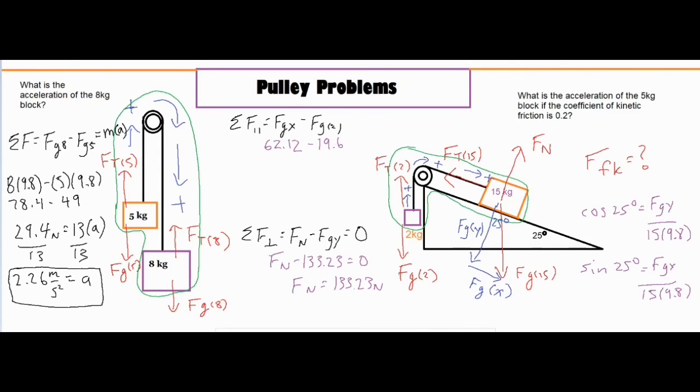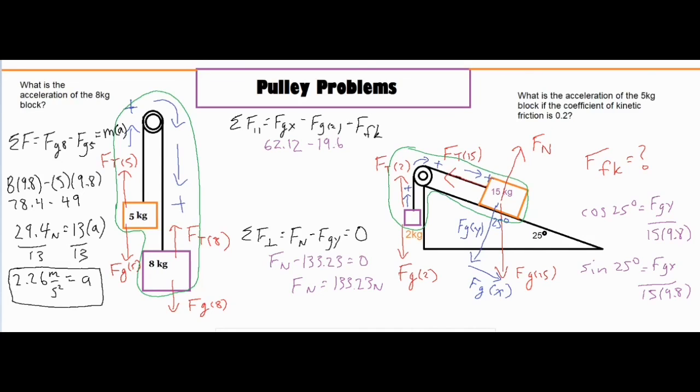So it definitely looks like there's a lot more force directed down the ramp, which means that if the object is trying to slide down the ramp, then the friction is opposing it in what I call the negative direction along this pulley. So I can subtract then the force of kinetic friction from my FGX.